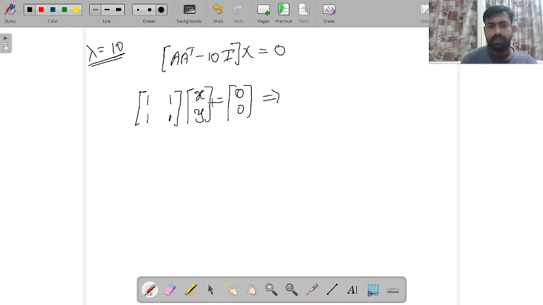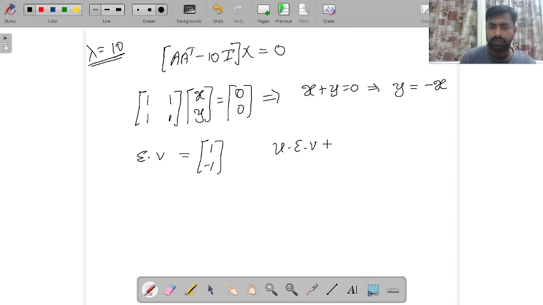This implies there is only one equation, this is x plus y equal to 0. So from this, y must be equal to negative x. Therefore the eigenvector, when x is 1, y must be negative 1. But we want the unit eigenvector, so the unit eigenvector is 1 by root 2, negative 1 by root 2. Why? Because its length is root 2.